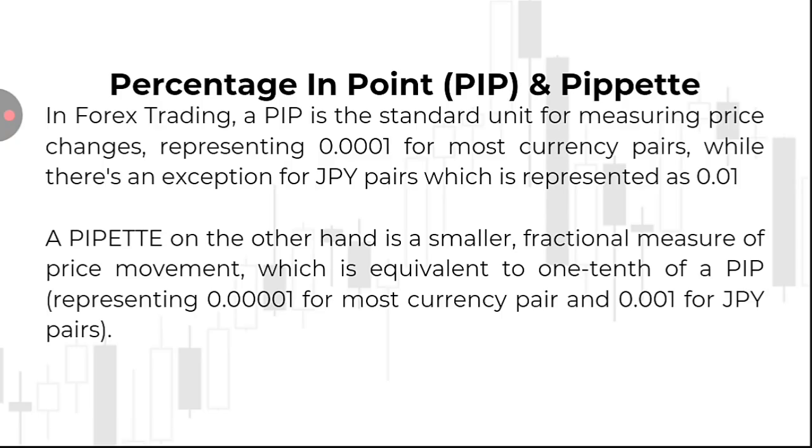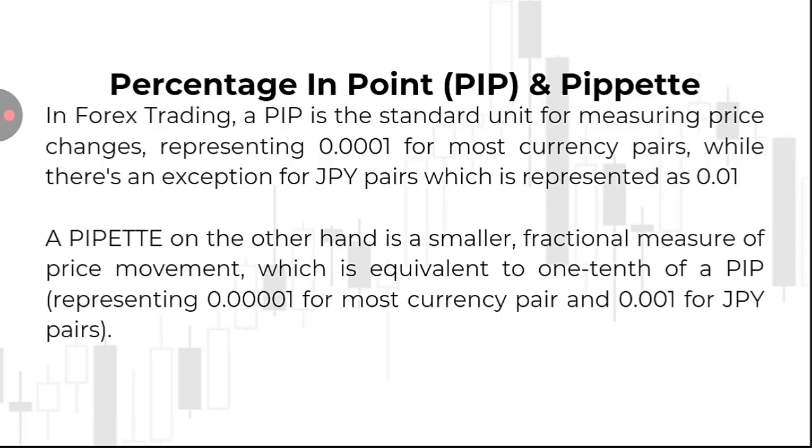A pipette, on the other hand, is a smaller fractional measure of price movement, which is equivalent to 1/10 of a pip, representing 0.00001 for most currency pairs and 0.001 for JPY pairs.